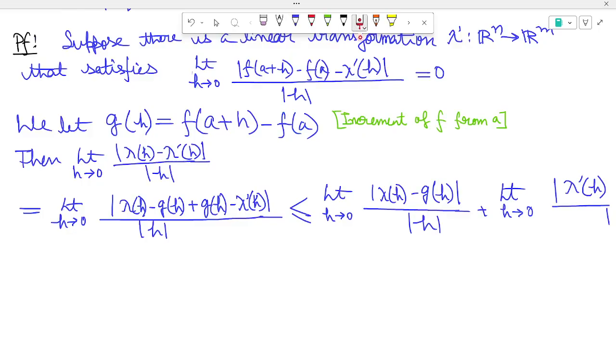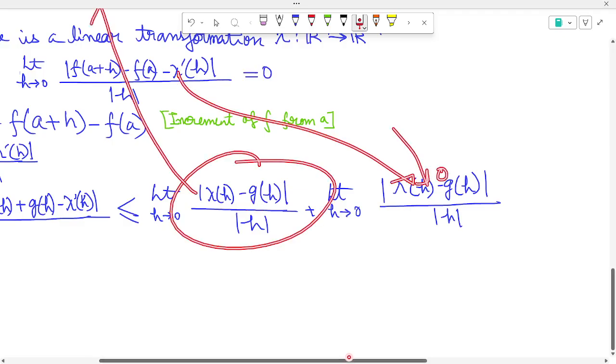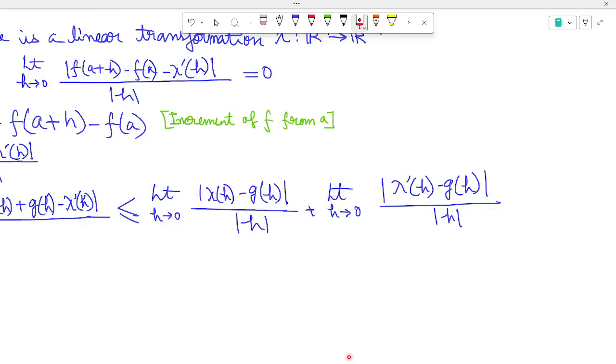Now observe that this thing is 0 if you put the value of g(h), and this thing is also 0, because we assumed lambda dash was another linear transformation satisfying this. So both limits are 0.